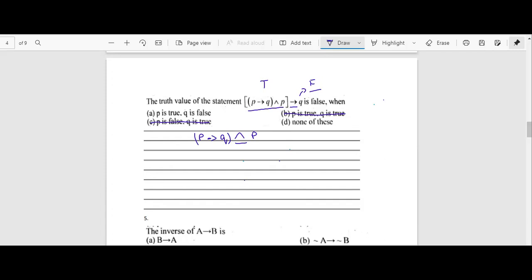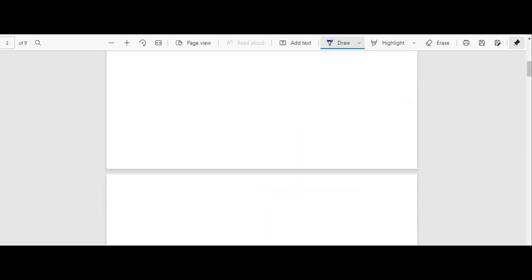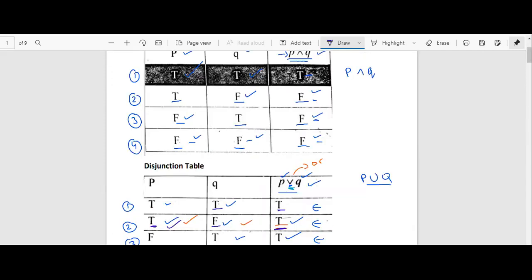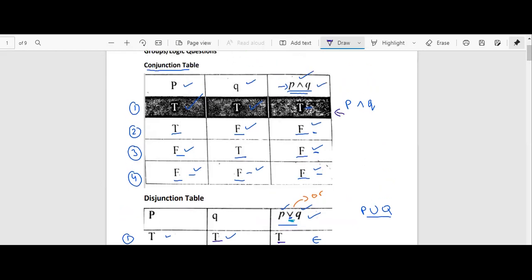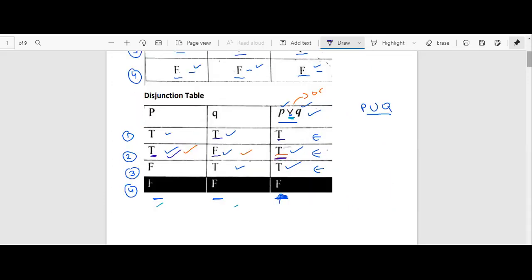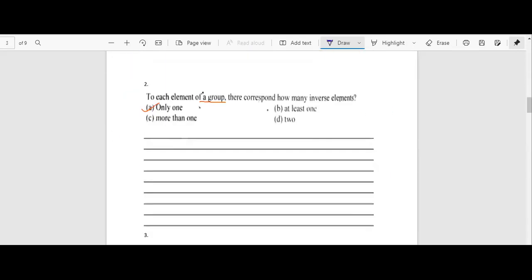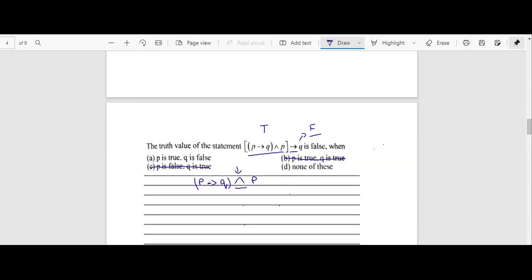So let's talk about this table and see when this is true. So yeah, it is true over here. Here we have the and sign, and it is true when both these are true, right? So we are clear with that part now.